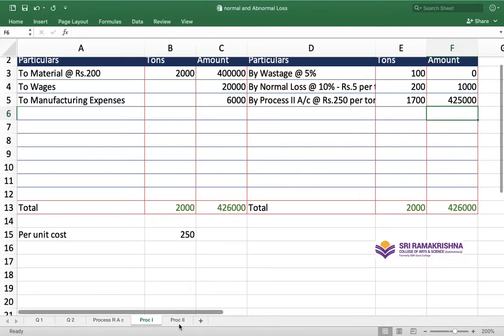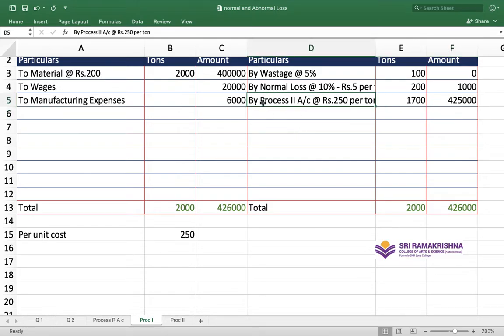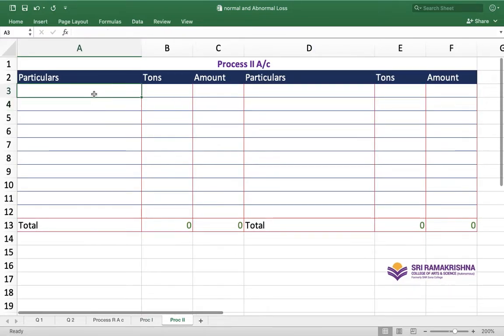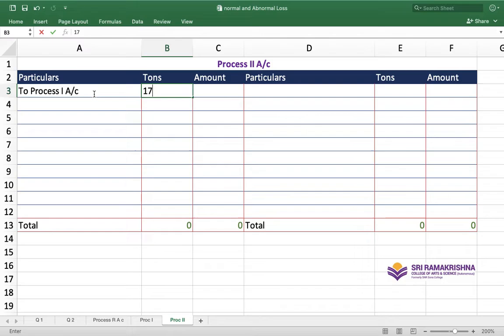Next, moving to process 2 account, the thing which is transferred from process 1 account will be appearing on the debit side. So on the process 2 account, to process 1 account, 1700 tons, and the value was 4,25,000.